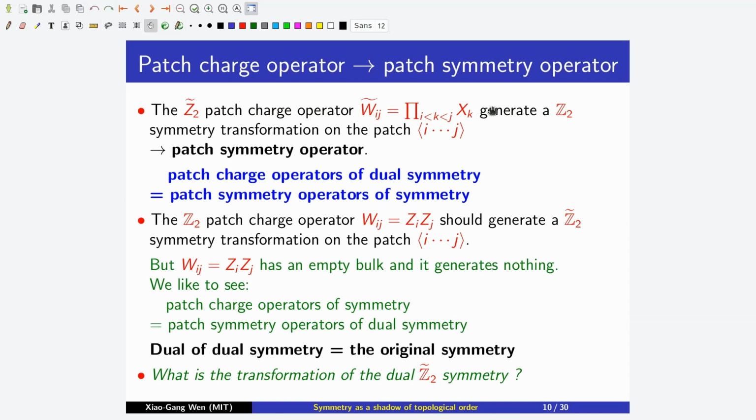No, local symmetry does not depend on the endpoint, because a local symmetry operator is defined as an operator that commutes with a patch far away from the boundary. So it does not depend on the boundary. And so we use that to define the ambiguity, the equivalence class of a patch symmetry operator.